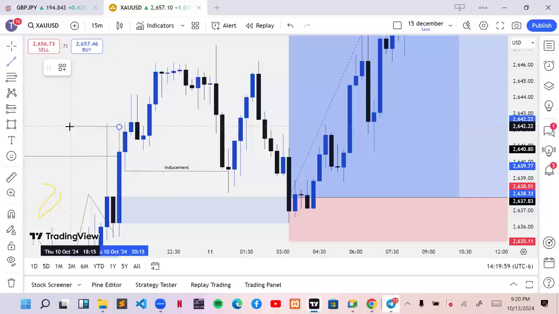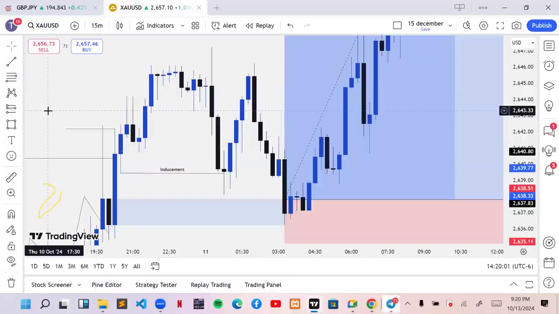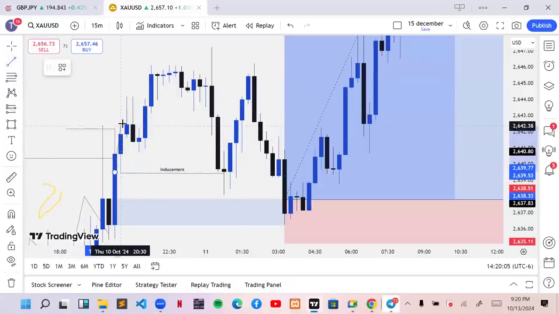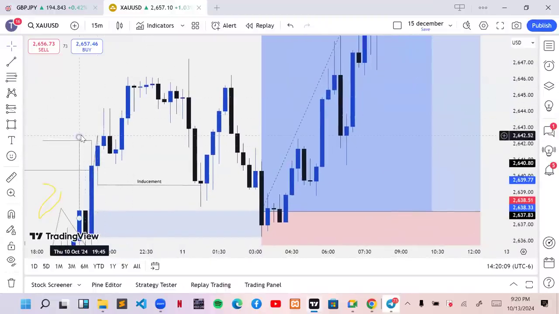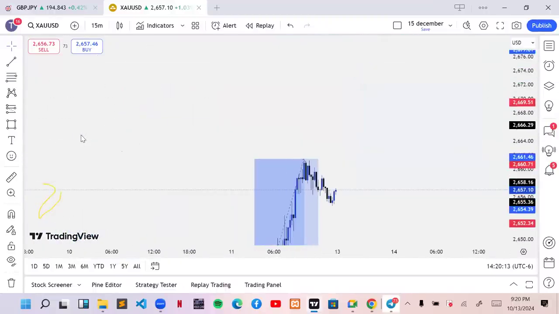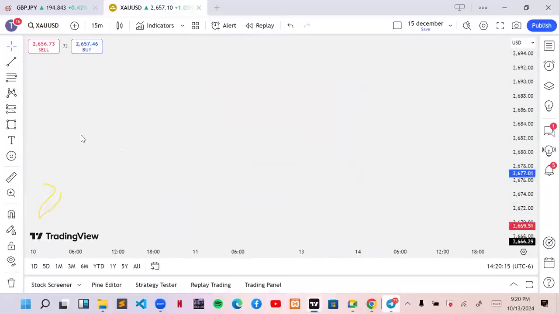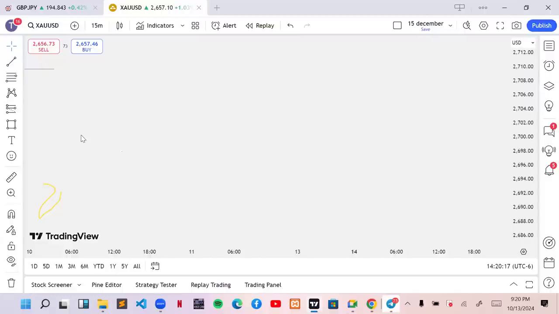So this is the last move, right? This pullback pushed this thing above here now and still continues pushing market up. Market actually broke past this last move. It's more than 50%. Pay attention to what I said: either 50% or equal to 50% or above 50% or more than 100%. It just has to push market close to that zone.